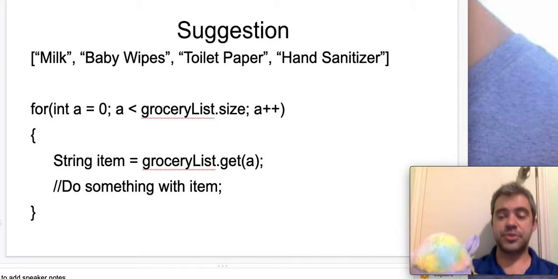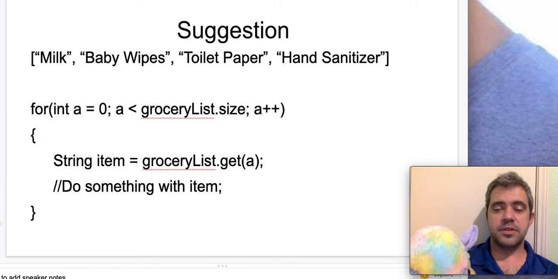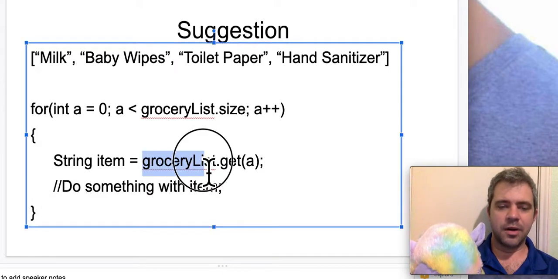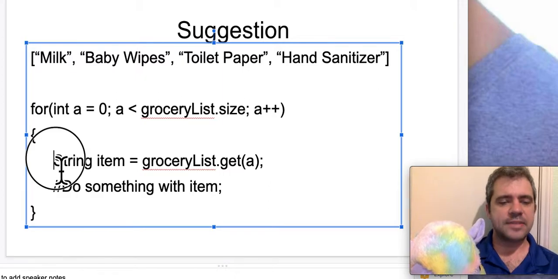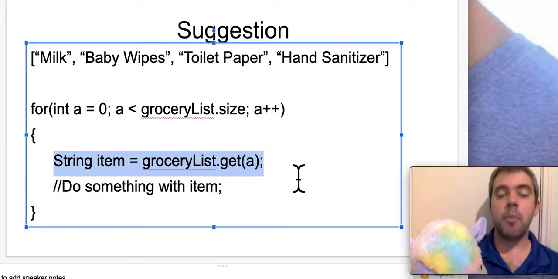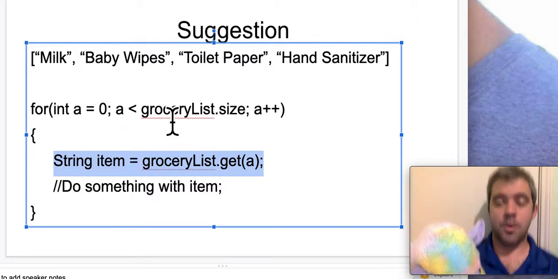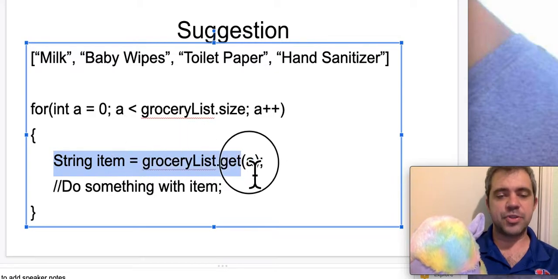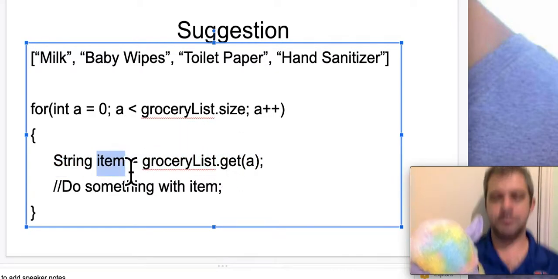Something that I suggest doing, you won't always want to do this, and some of y'all are going to have different comfort levels. This is kind of a long, nasty thing to use over and over and over in your loop. So you might want to go ahead and store that somewhere. So like if I'm looping through my grocery list and I want to have an item from my grocery list, I could say, hey, I'm going to store the current thing that I'm looking at as item by getting it.